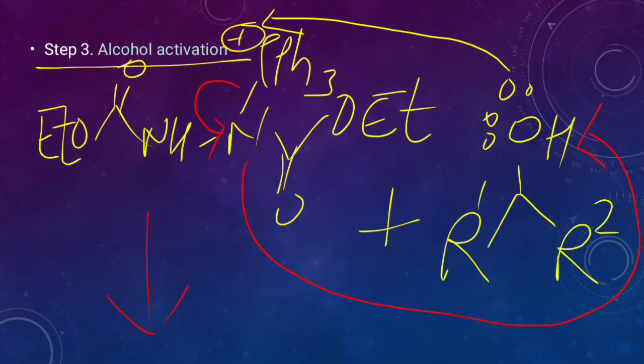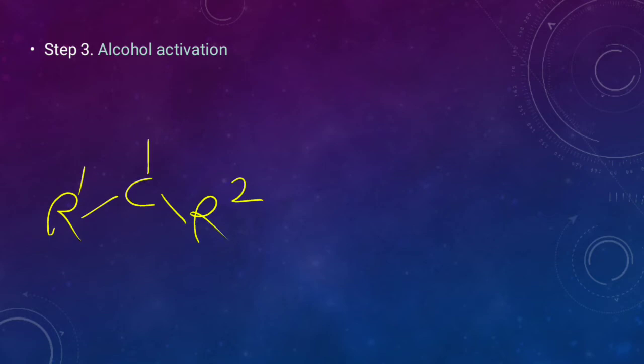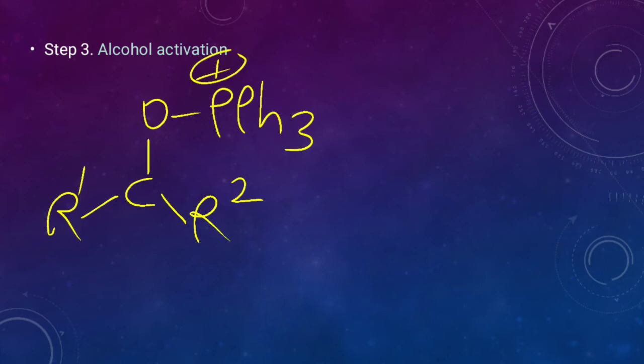Now another intermediate will be formed, which is the activated alcohol, and this reagent form is a byproduct. So this is our activated alcohol and this is our reagent.